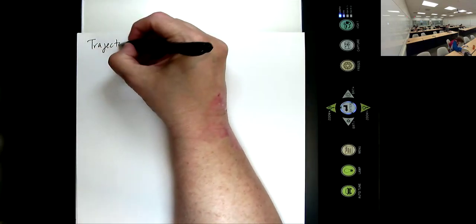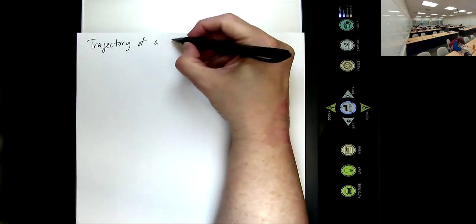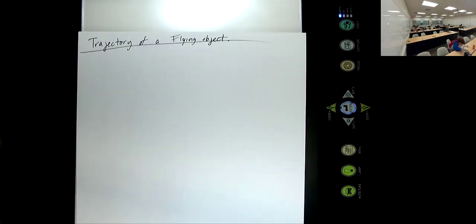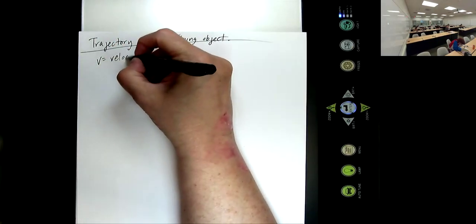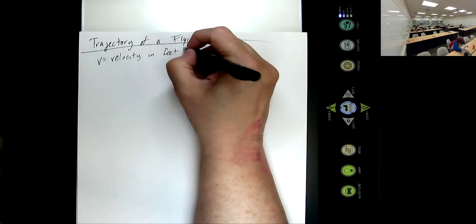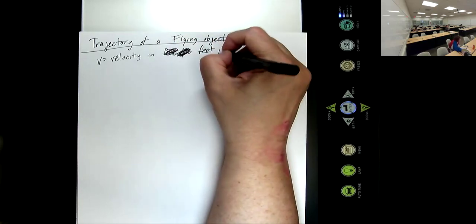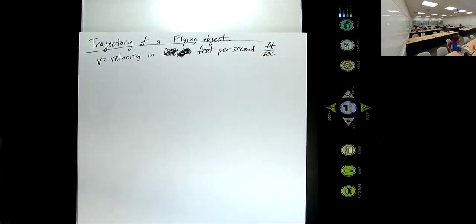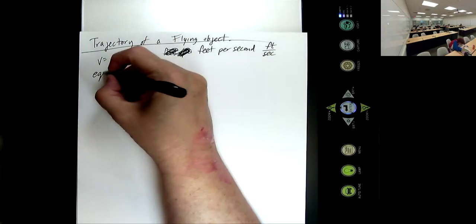I started off saying how we were going to learn how a golf ball flies, right? So the trajectory of an object in motion, a flying object. The parametric equations that govern this. Let's say v is velocity in feet per second. The equation is different for different units.